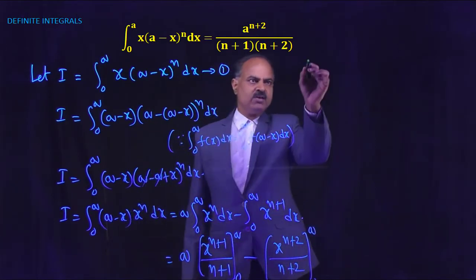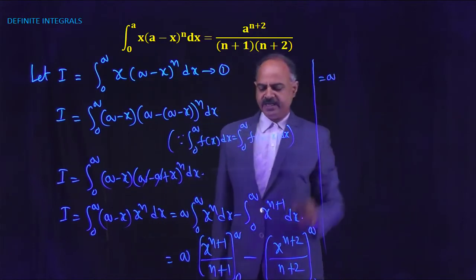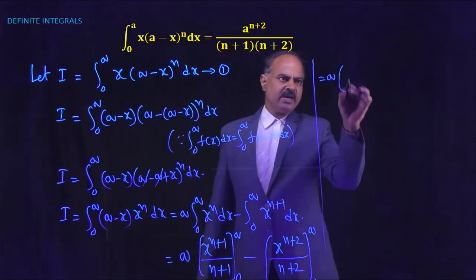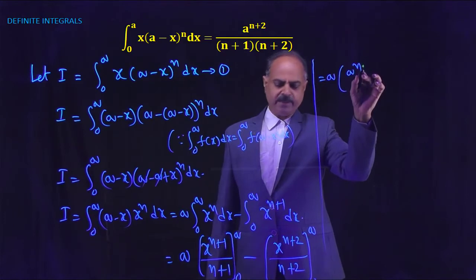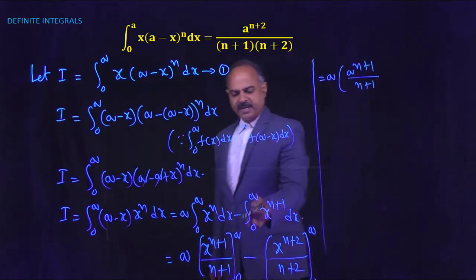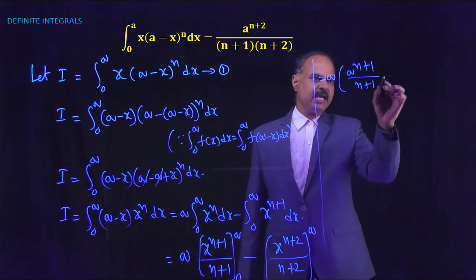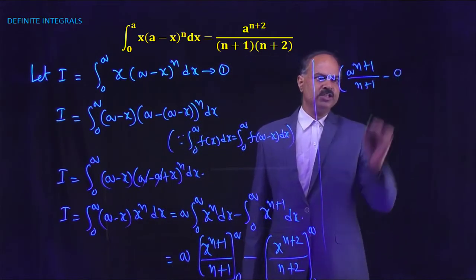Now this is a into a to the power n plus 1 by n plus 1, substituting the upper limit minus the lower limit 0 by n plus 1, that is 0.